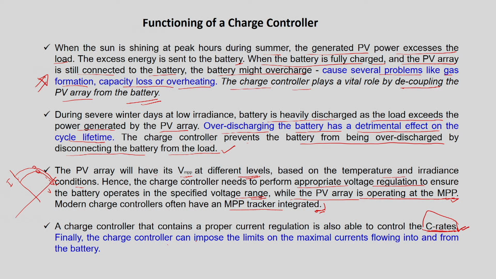Finally, this charge controller can impose limits on the maximal current flowing into and from the battery. So, if we consider this is the PV array, and we have the battery, and then maybe an inverter or maybe the utility, maximum current flows from here to here, and maximum current flows from the battery to the inverter or maybe some utilities, right.